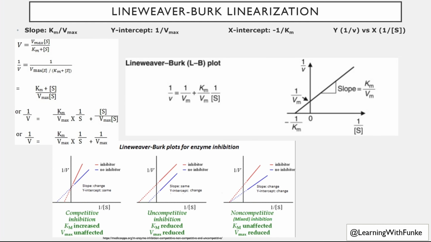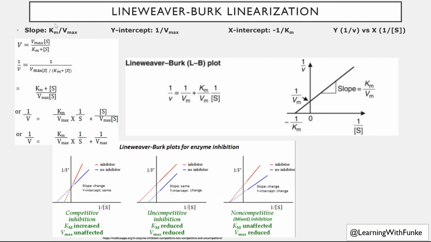And so that's pretty much how you would use these to explain. And once again, your Km over Vmax is your slope. Your Km is the same for inhibited versus non-inhibited, but your Vmax is reducing for non-competitive inhibition.